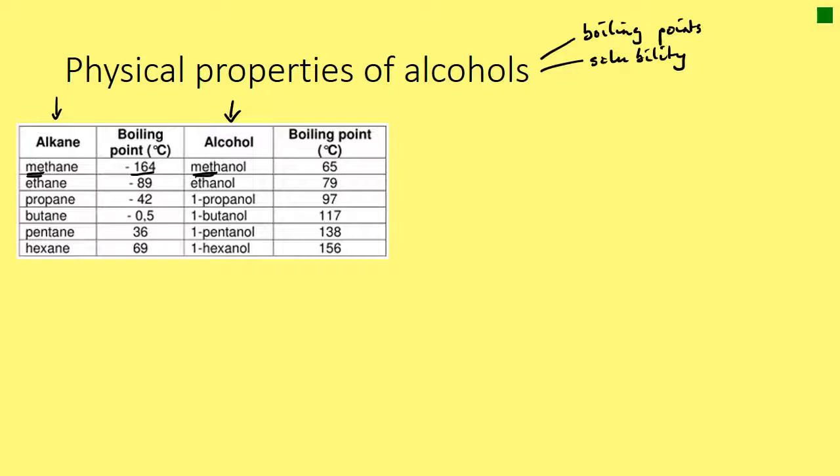So given that room temperature is about 20-25, methanol is going to be a liquid at room temperature, whereas methane, of course, is a gas at room temperature. So why the difference? They've both got 1 carbon, and we can summarize the difference by considering the hydrogen bonding that exists. So let's draw methanol.